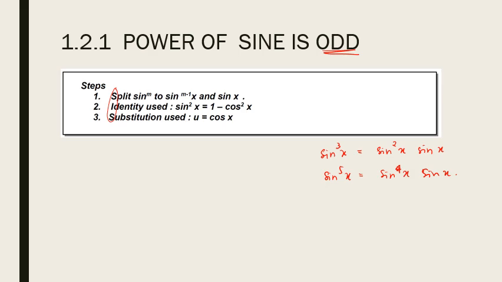And then the second step is identity use. What is the identity that we use? We use the identity sine square x equal to 1 minus cos square x. So remember, for sine odd, we use this identity.